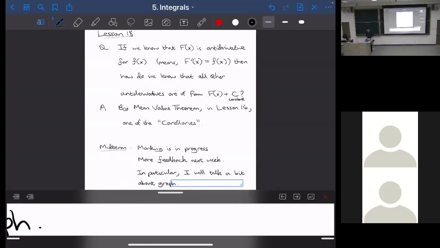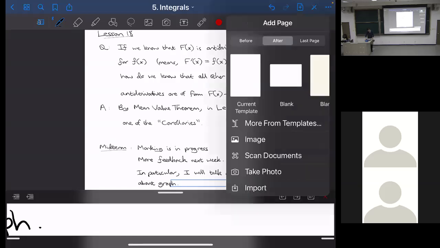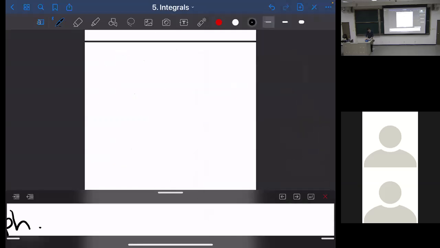Okay, so let's continue and go back to studying Riemann sums in some more detail.